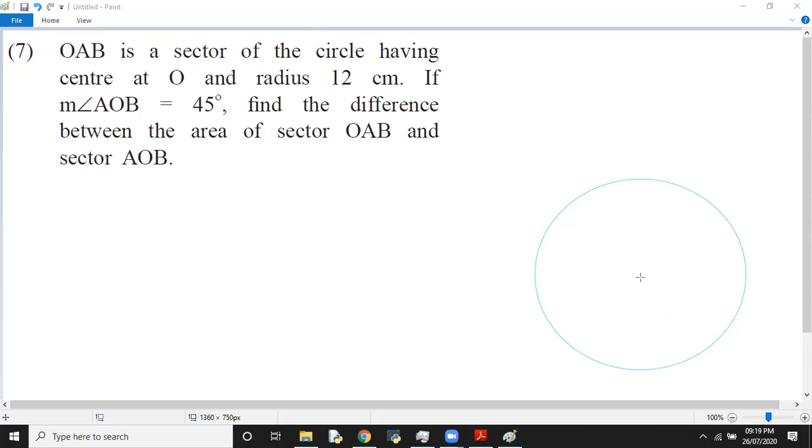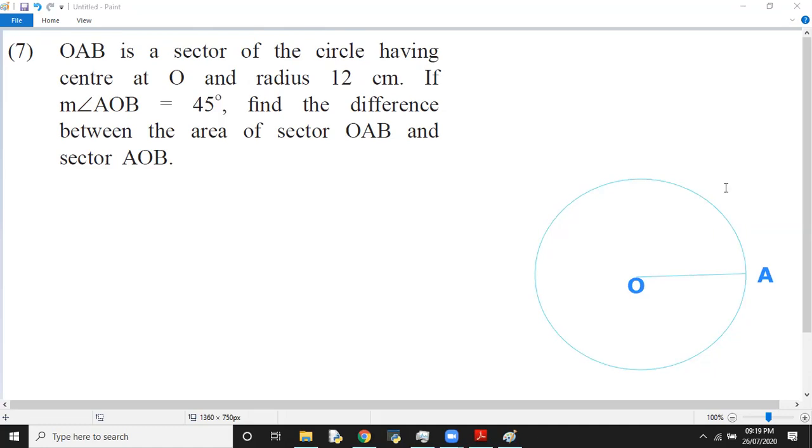This is our center point and this is the radius. The center name is here O. Then this is our point B. Then measured angle AOB means AOB will be 45 degree.